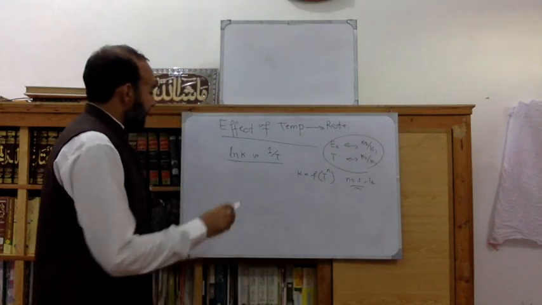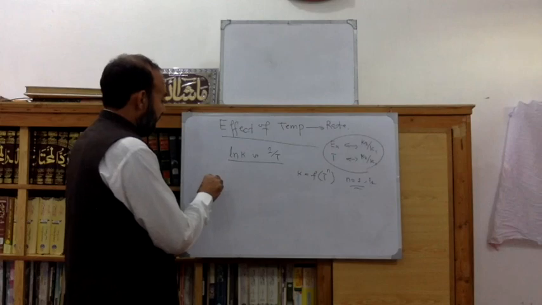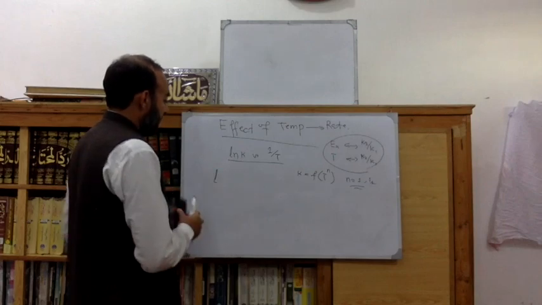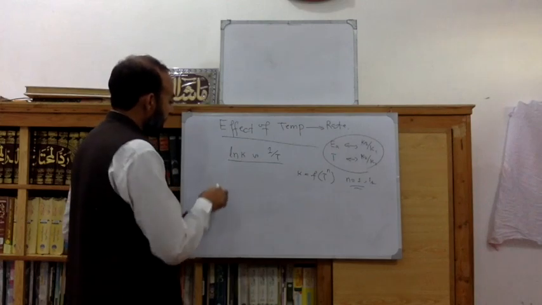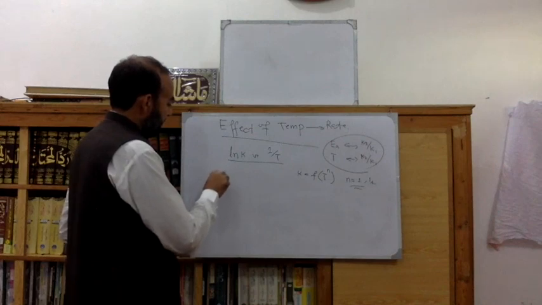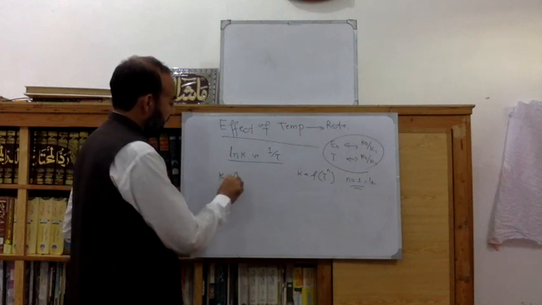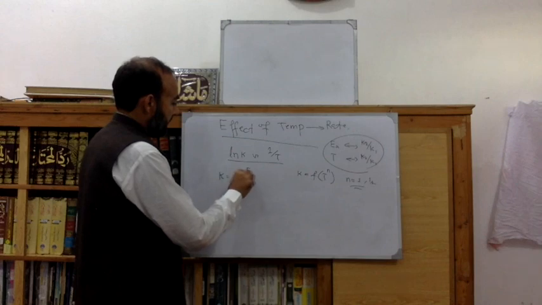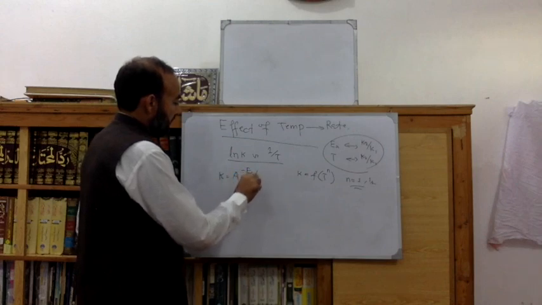So in the Arrhenius equation, we have the exponential form k is equal to A e raised to minus Ea over RT.